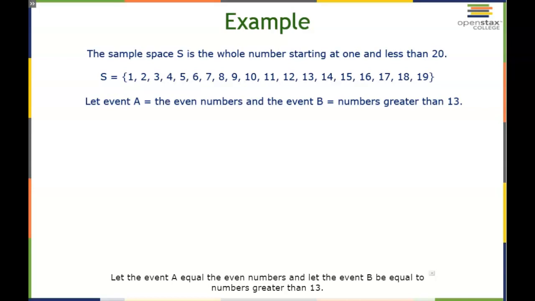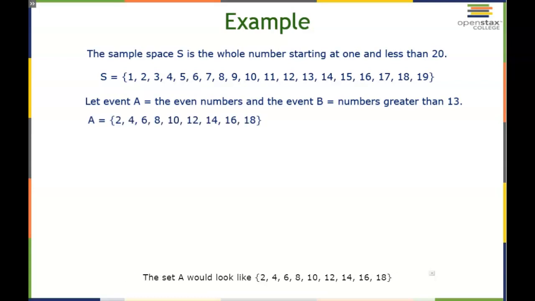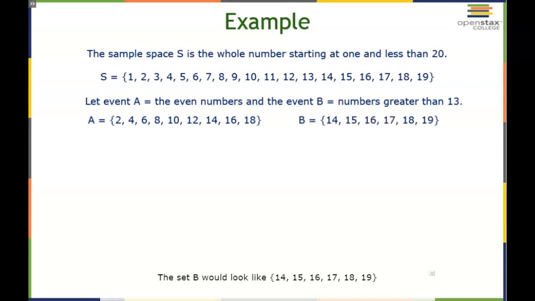Let the event A equal the even numbers, and let the event B equal numbers greater than 13. The set A would look like 2, 4, 6, 8, 10, 12, 14, 16, 18. The set B would look like 14, 15, 16, 17, 18, 19.